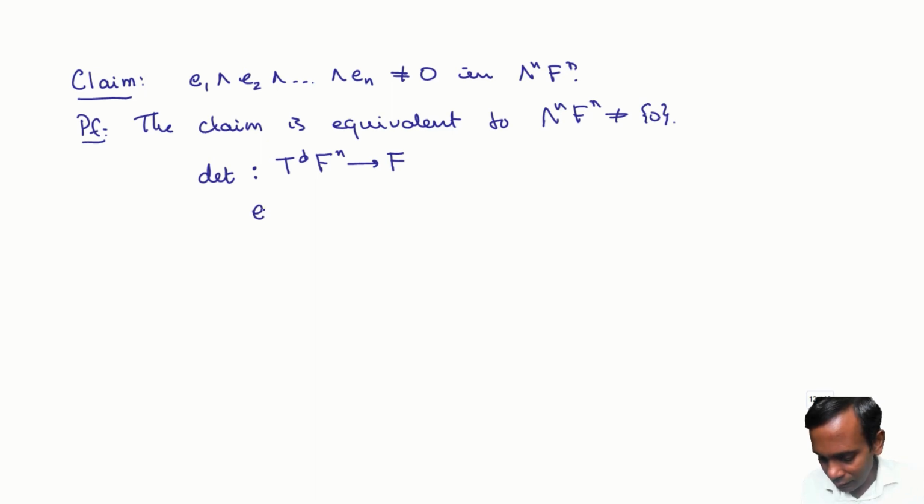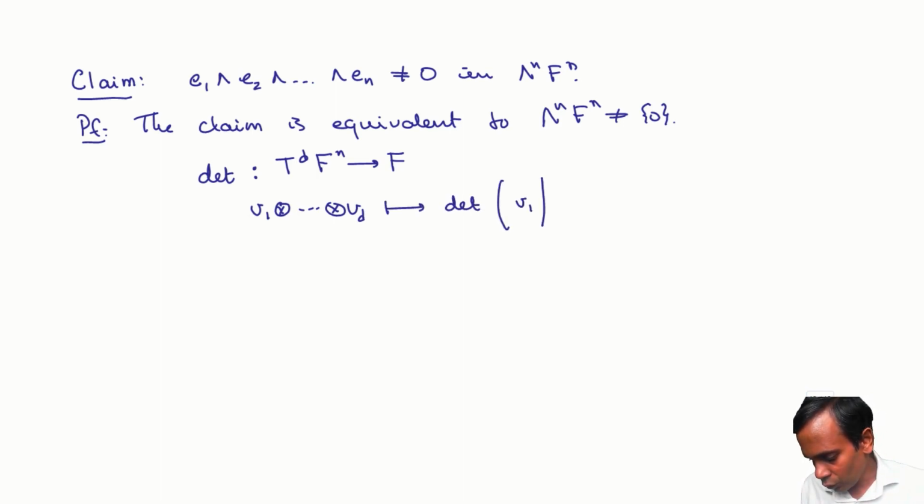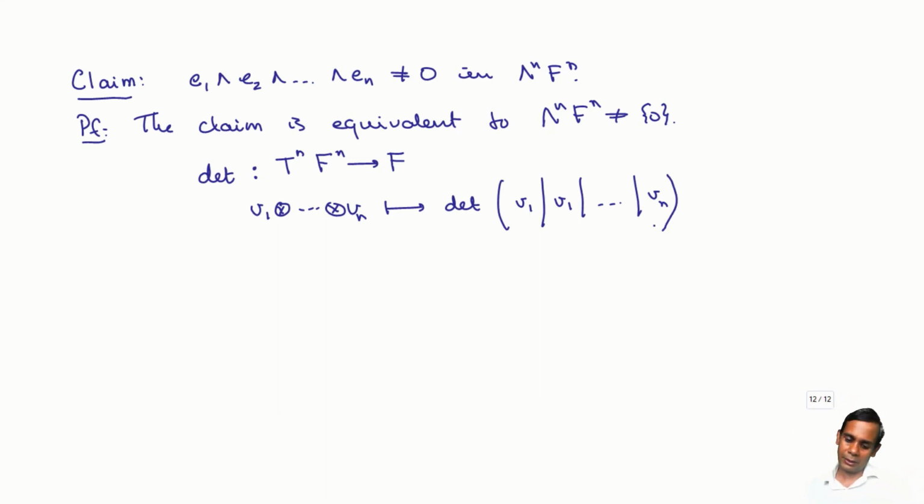If you have a vector V1 tensor ... tensor Vn, then it goes to the determinant of the matrix whose columns are the column vectors V1, V2, ..., Vn, because then this is a square matrix and we can take its determinant.